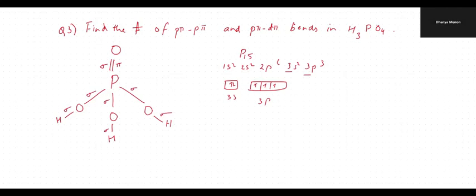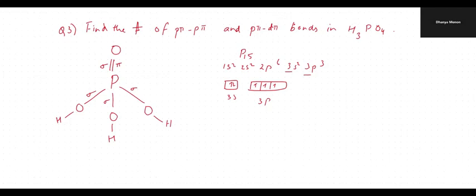Now, over here, we need the bonding of phosphorus. So we will not be talking about the bonding of O and H. Here we will see how many bonds phosphorus is forming with oxygen, because phosphorus is not connected to hydrogen.